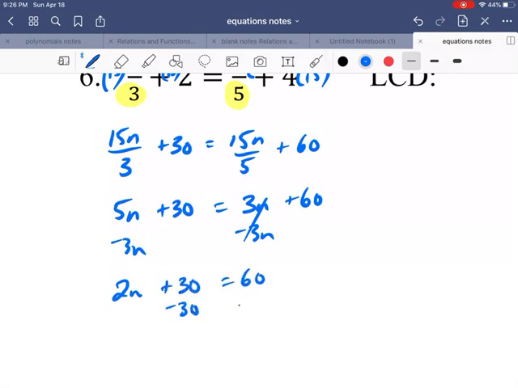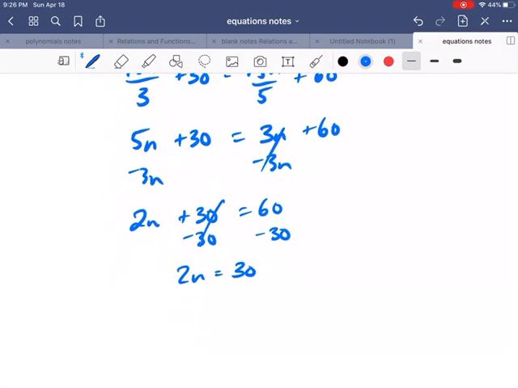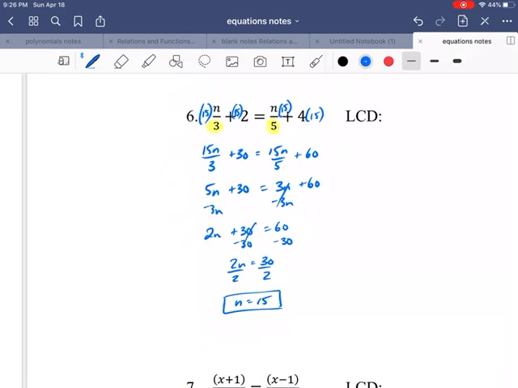And then subtract 30 from either side, and finally divide by 2, and n equals 15.